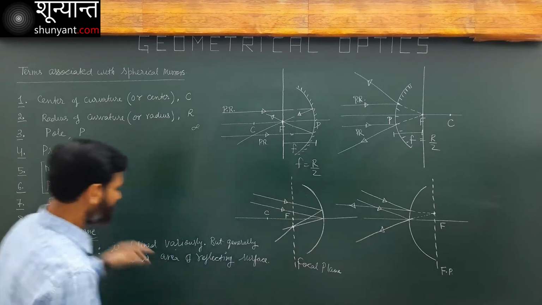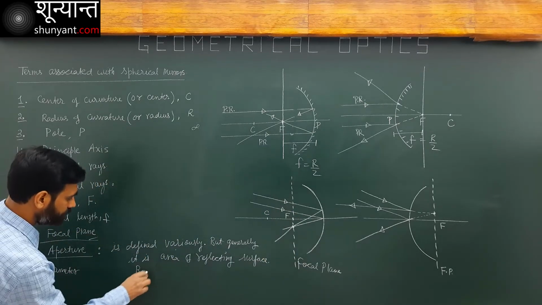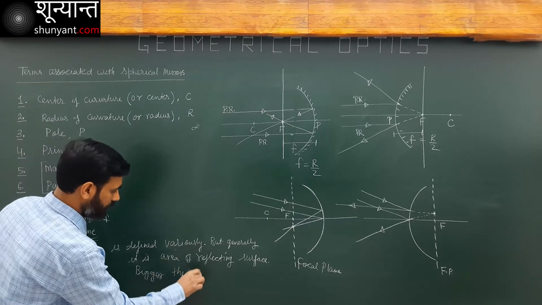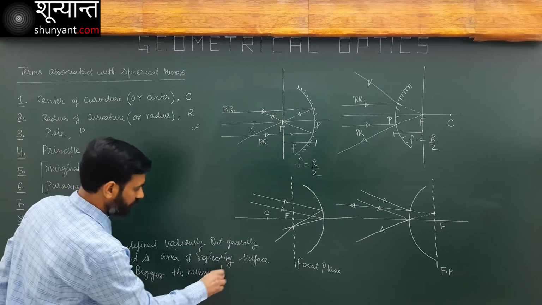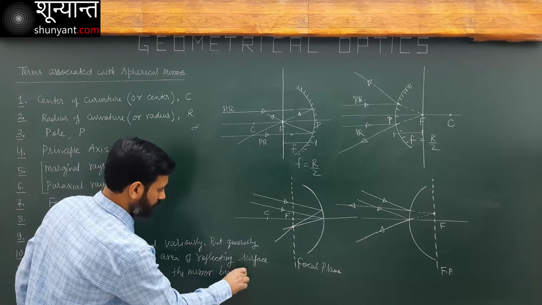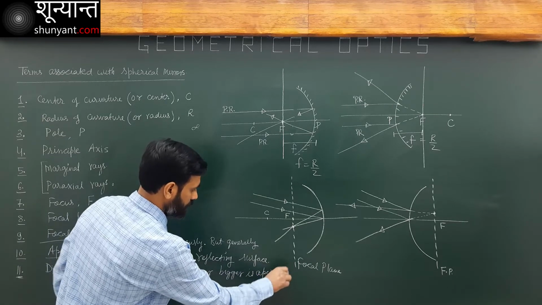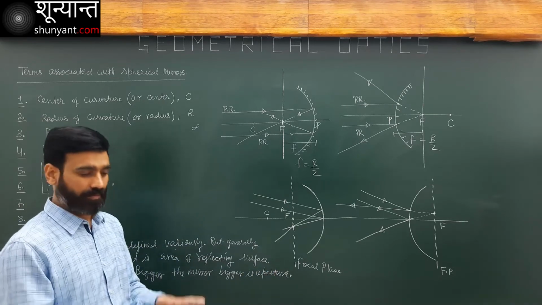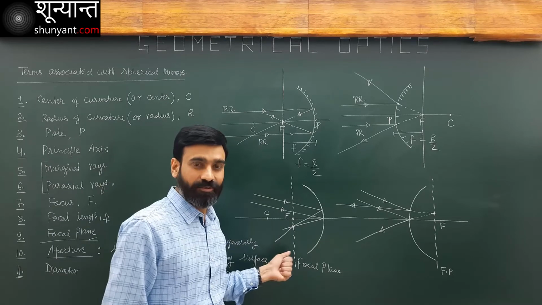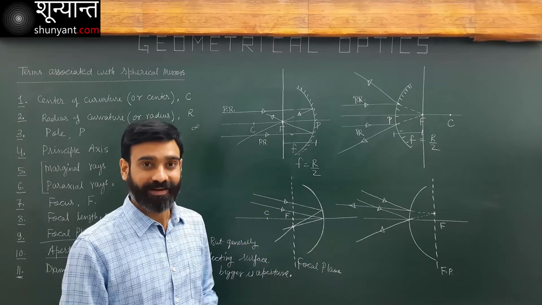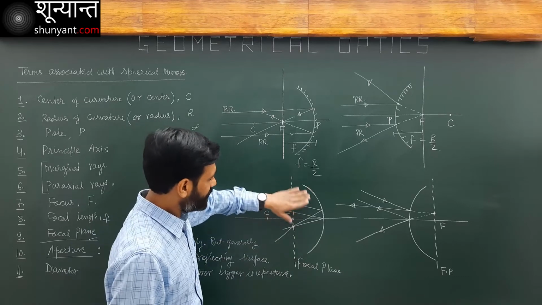Now, bigger the mirror, bigger is the aperture. Note down, bigger the mirror. It has nothing to do with radius. Understand this. I have this mirror.